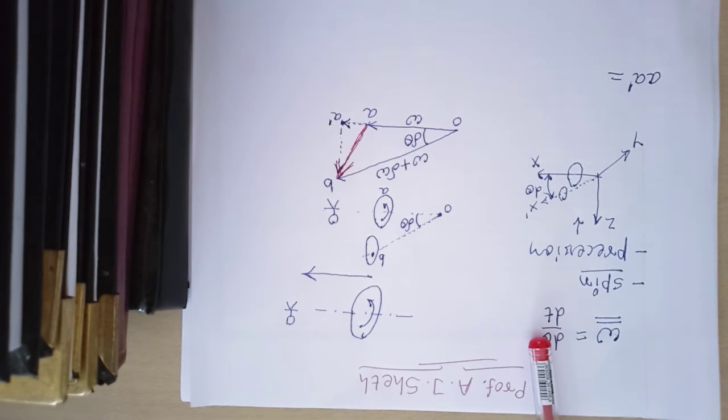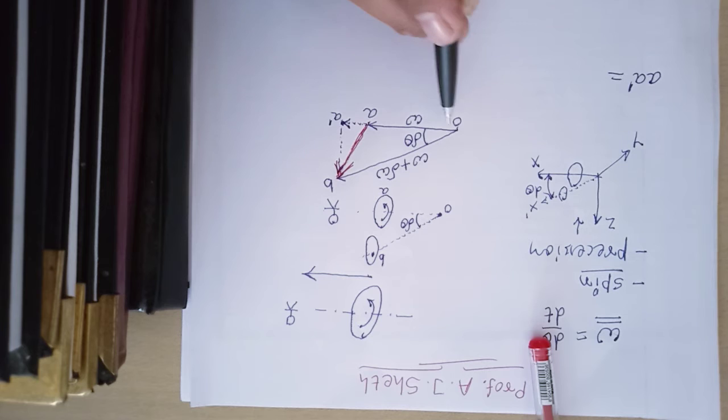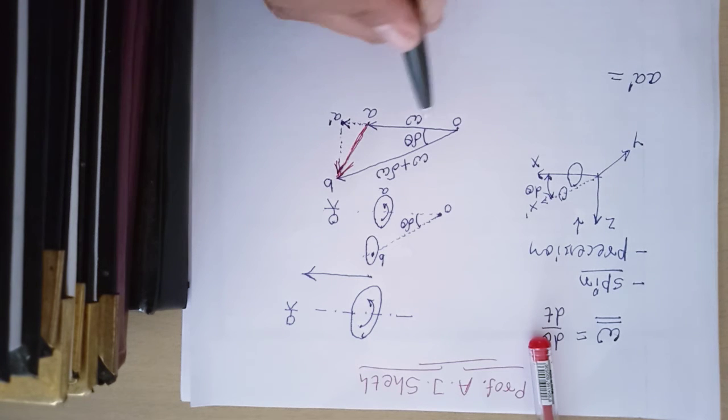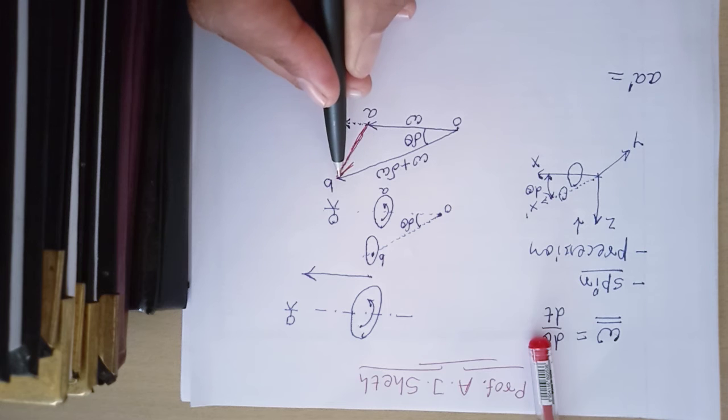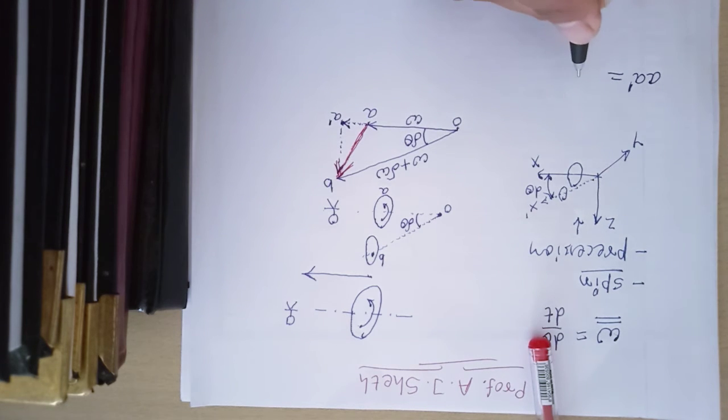What is A dash? It is omega. We are supposed to deduct this omega from the cosine component of omega plus del omega. Okay, it is omega plus del omega cos del theta minus omega.